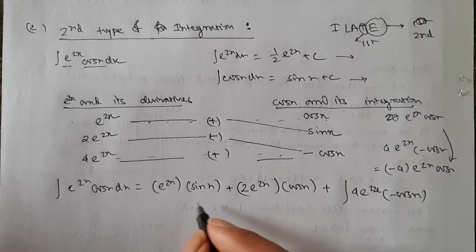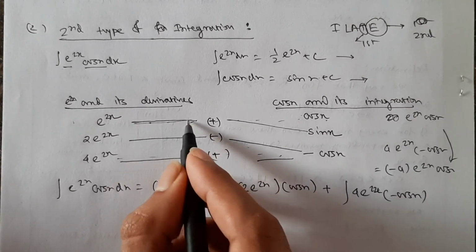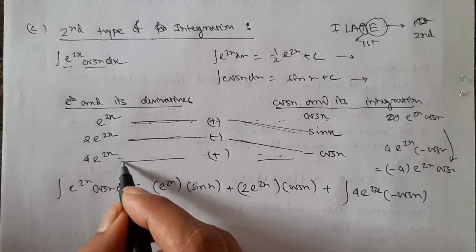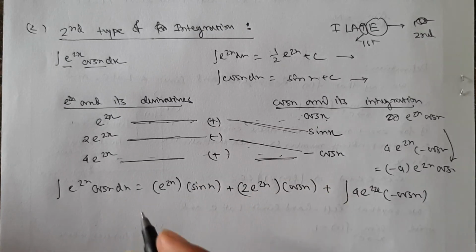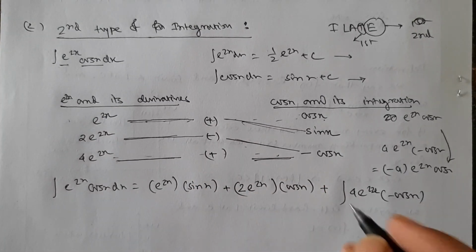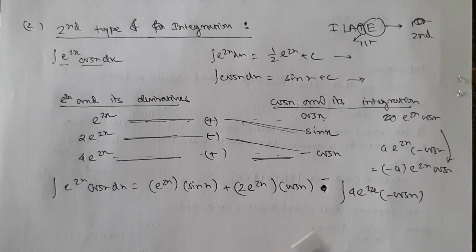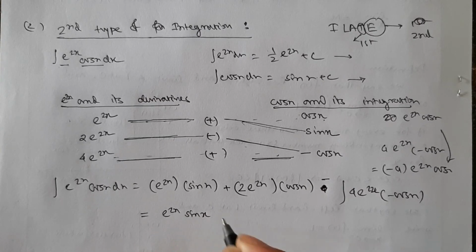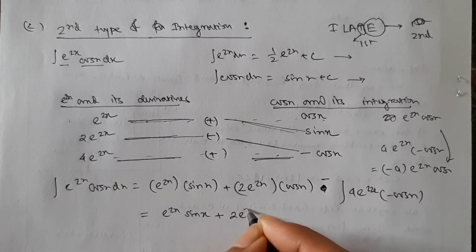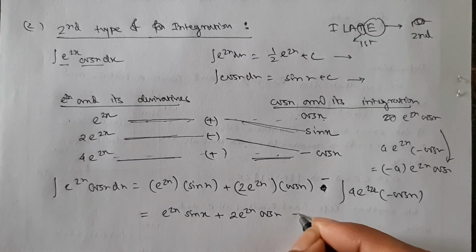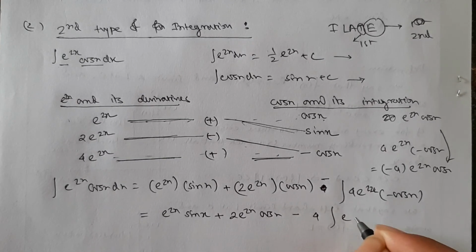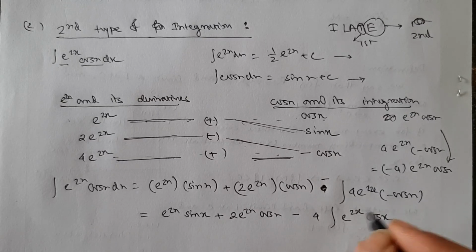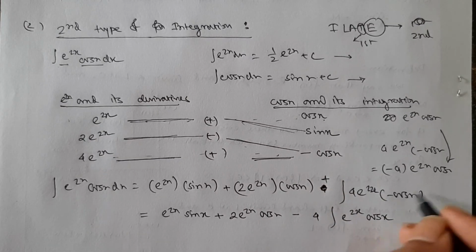So we can multiply these functions, and under the integral we take this function. Sorry, I made a mistake in the sign, it will be minus, so e to the power 2x sin x plus 2 e to the power 2x cos x minus 4 e to the power 2x cos x. Sorry, it is right, okay.